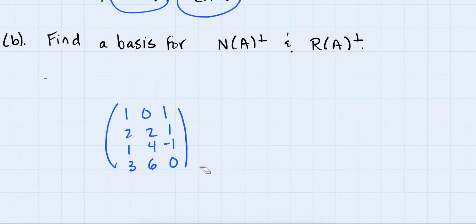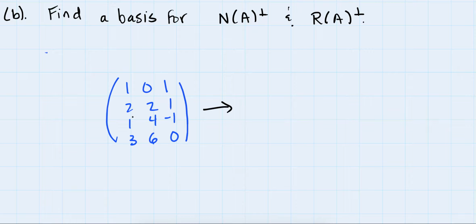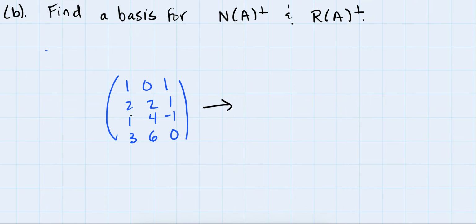So what do we need to do? We need to get this in reduced row echelon form. So I'm going to get rid of all of these numbers here. And of course you can, if you'd rather put this one at the top, you can move these rows around, but that's what I'm going to do. I'm going to multiply this by negative 2, get rid of that, a negative 1 and a negative 3.